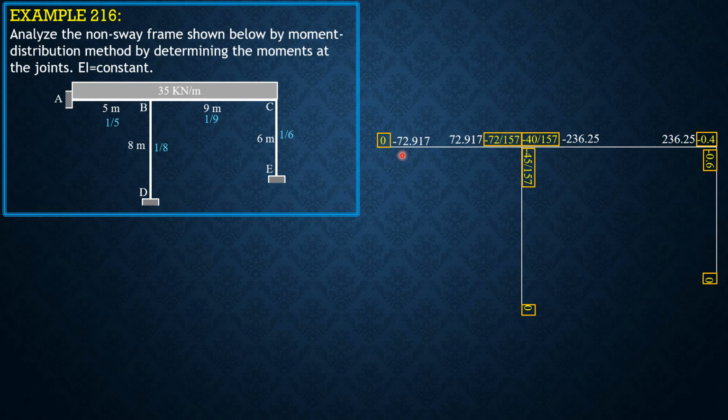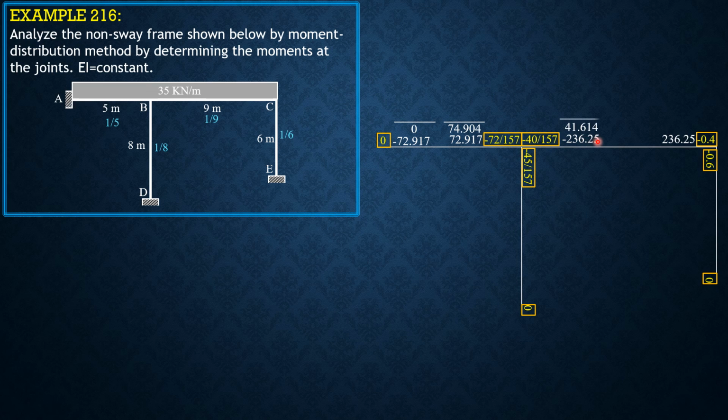So let's now distribute for this joint. This will just absorb moments from the other end. So 0, lock. Then quantity is 72.917 minus 236.25. That's the unbalanced moment. Times negative 72 over 157. So we have 74.907. So lock. Replace negative 72 by negative 40 in your calculator.